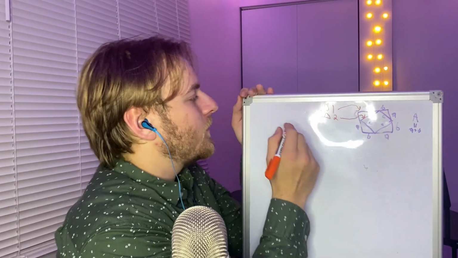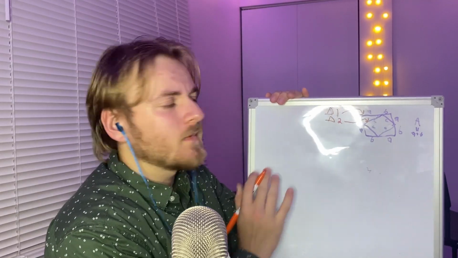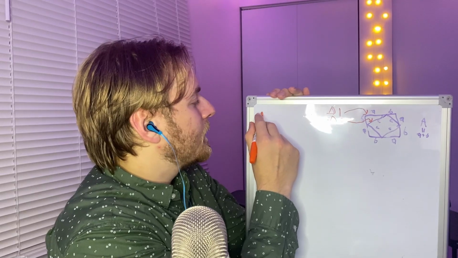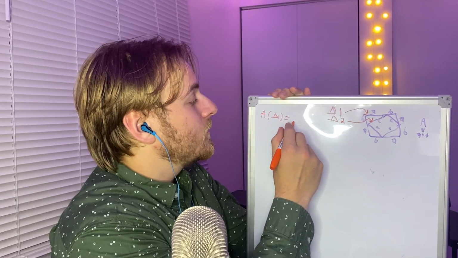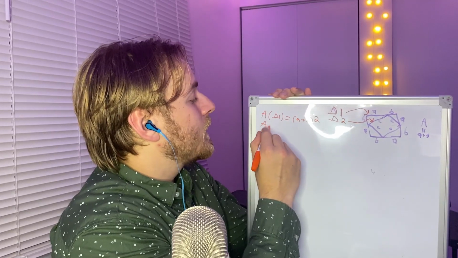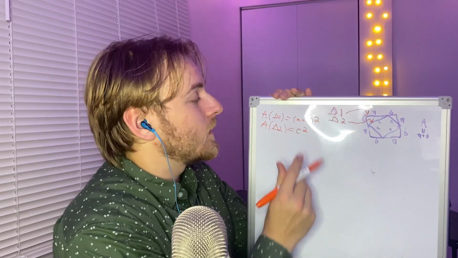And the area of triangle 1, I'm going to denote an area function by capital A. So the area of triangle 1 is equal to (a plus b) squared. The area of triangle 2 is equal to c squared.